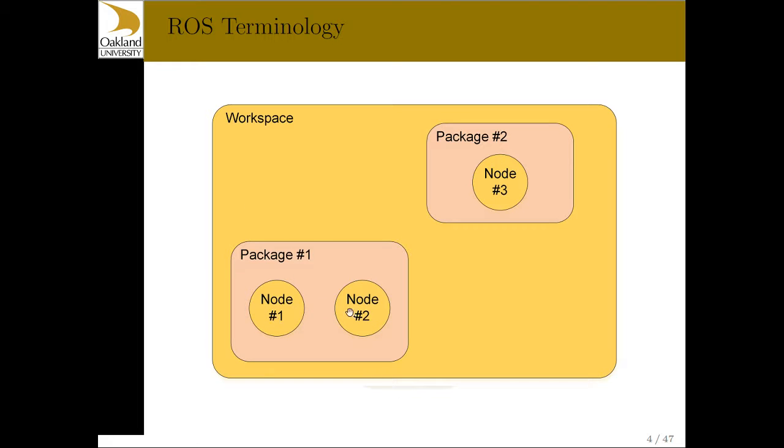The first package has 2 independent programs that can be running at once, and the second package has one. So nodes are the individual components of a ROS system. You can have any number of nodes running at the same time, and they communicate with each other using topics and services, which we'll get to shortly.